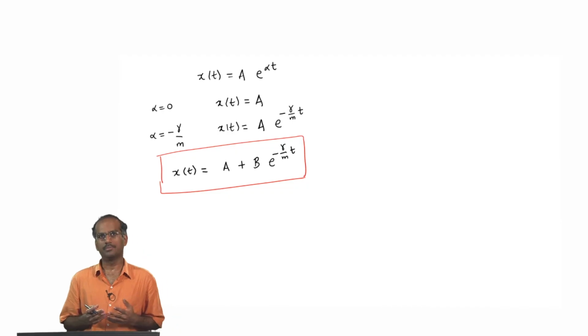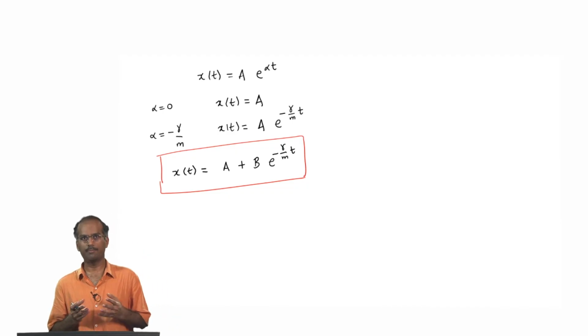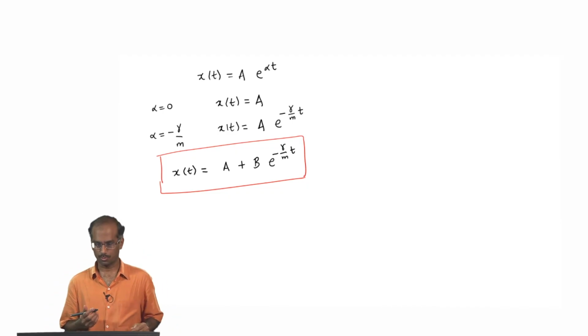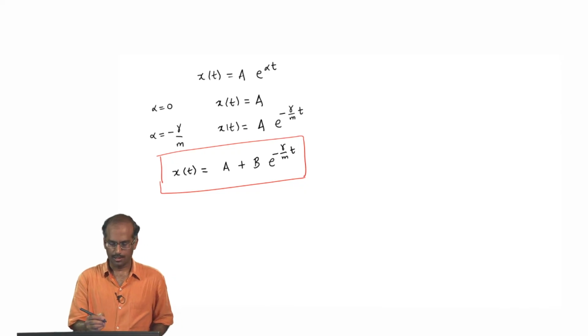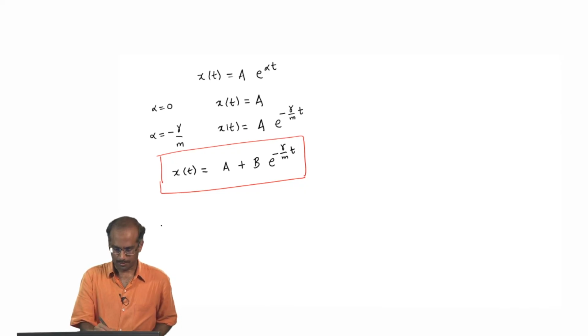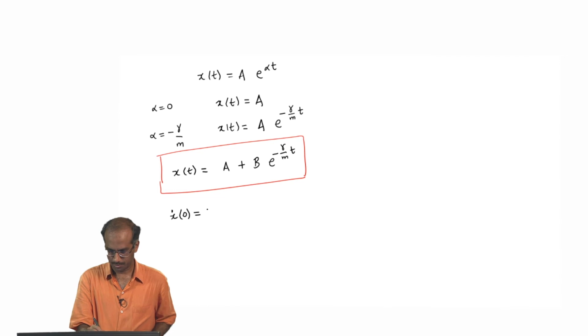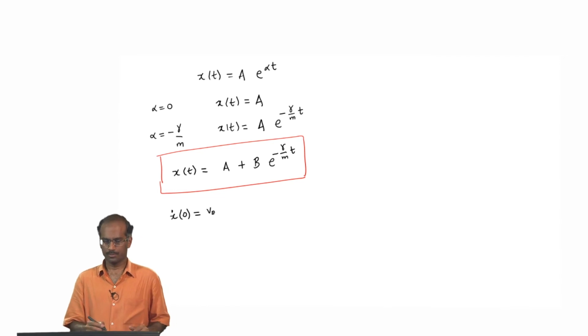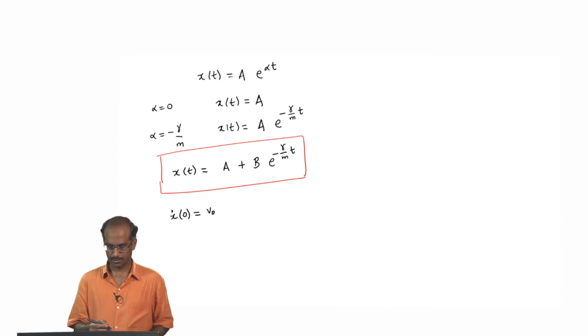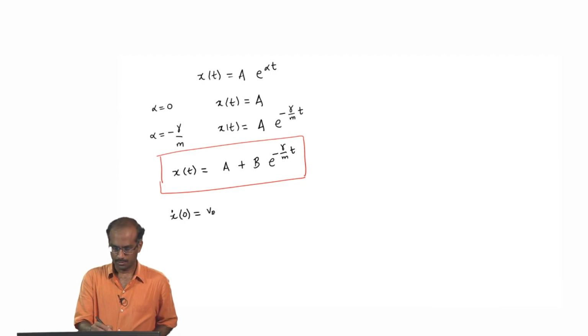If we had some initial conditions, we can plug in that initial condition and reduce one of the constants. For instance, let us say that I know that x dot of 0, velocity at time 0, is equal to some v 0. So, in that case one of the constants can be eliminated as follows.